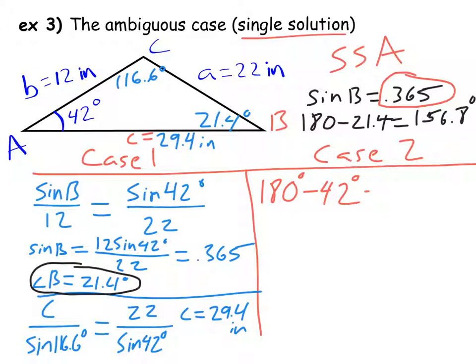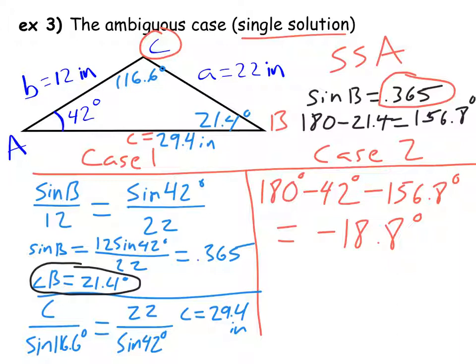Now, instead of subtracting 124, let's think about trying to get this angle. What if angle B was 156.8? That would give us negative 18.8 degrees for angle C. The first case seems to have made more sense when we did 180 minus 42 minus 21.4.